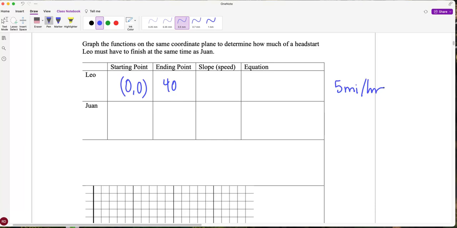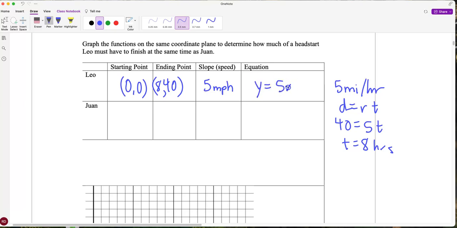So distance equals rate times time: 40 miles is equal to 5 times his time. So his time is going to be 8 hours. So he's going to end at the point (8, 40). His speed is 5 miles per hour, so the slope is 5. So the equation for this guy is just going to be y equals 5x.